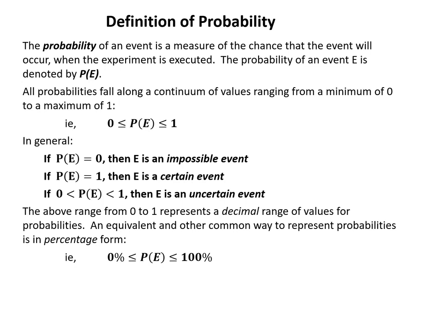An equivalent and another common way to represent probabilities is in percentage form, which essentially just has us multiplying the probability in decimal form by 100. So in other words, the probability of any event E is greater or equal to 0% and less than or equal to 100%.